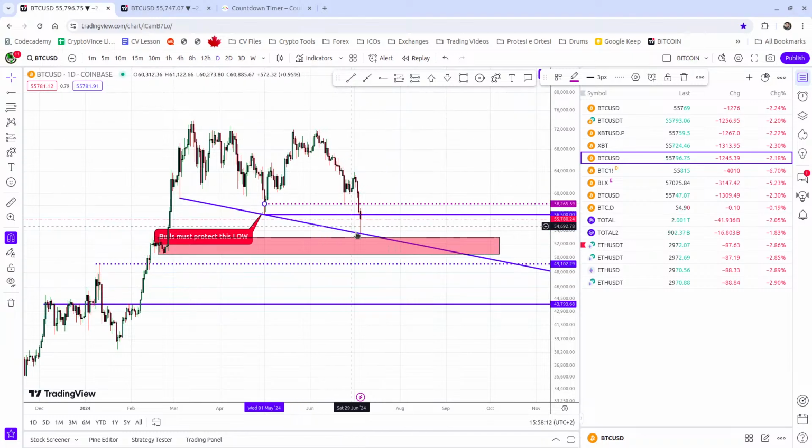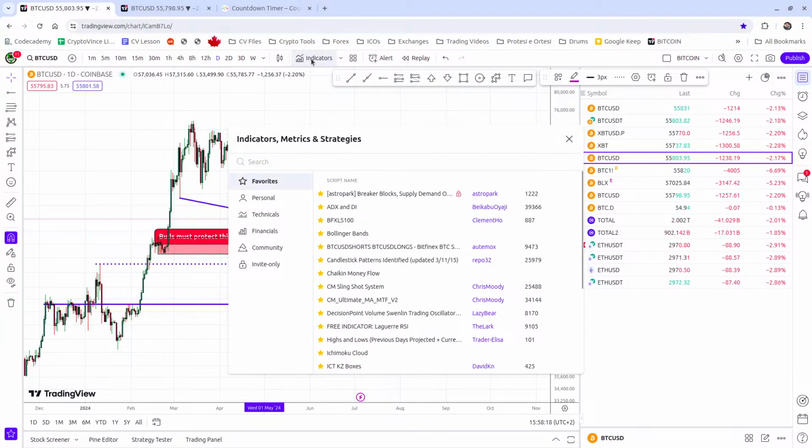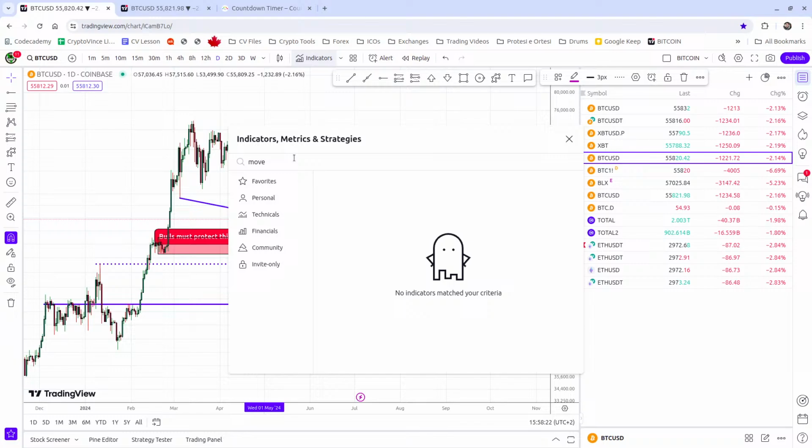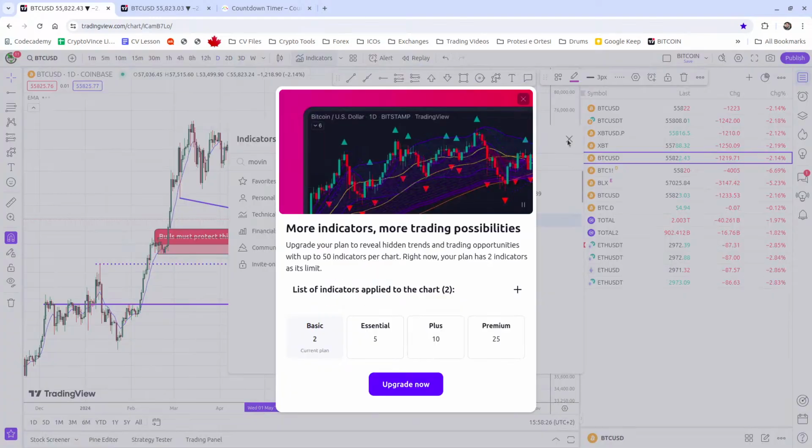I think this hit the MA, the exponential moving average, if I'm not wrong, even though I don't like to look at the moving averages too much.